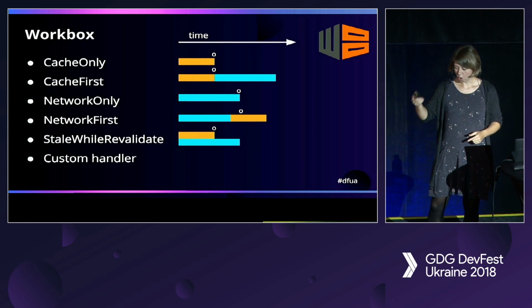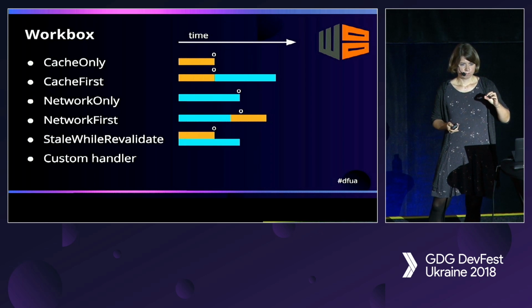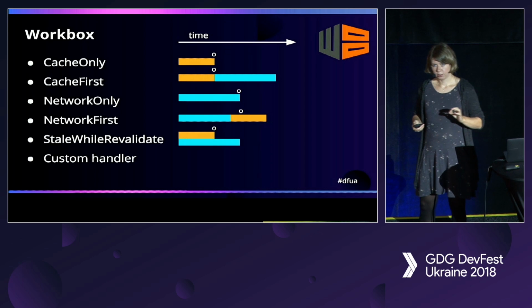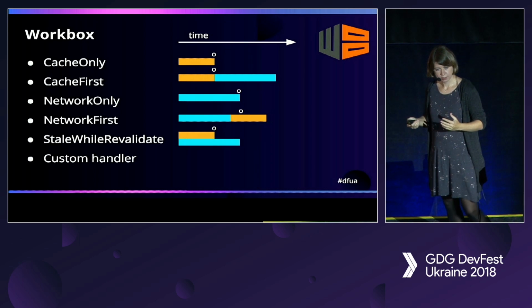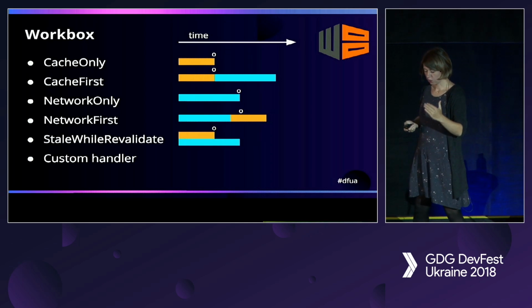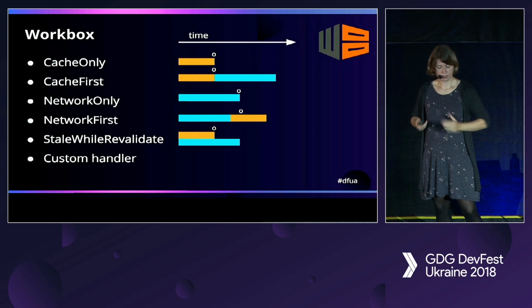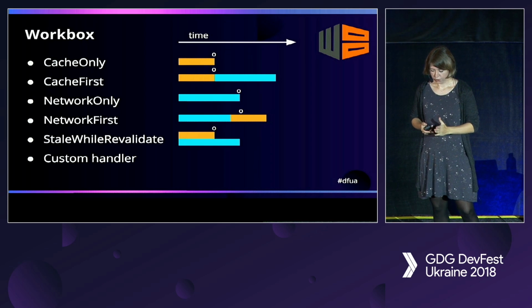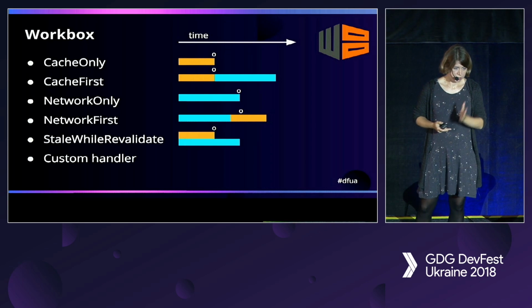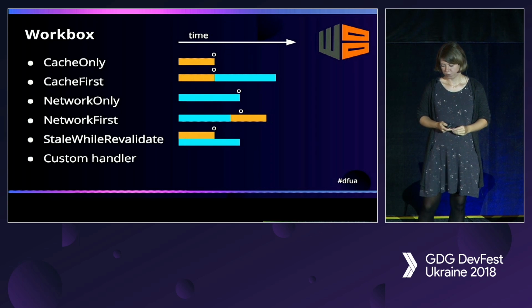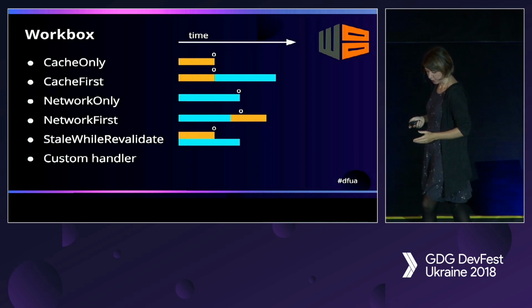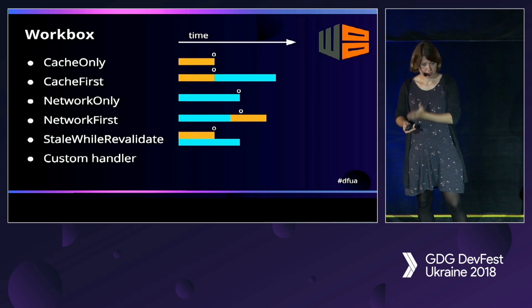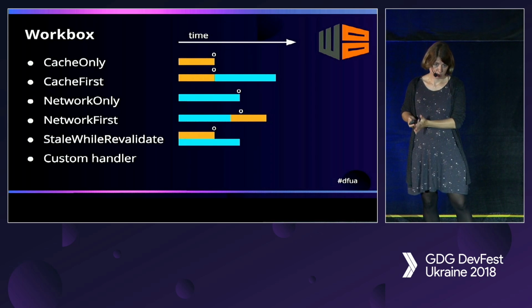And the O points are put in the place where I think is the most optimistic scenario, right? So in cache only, the end of the whole process is also the most optimistic. In cache first, the optimistic version is that it was in the cache, so we finish after a few milliseconds, but in the more pessimistic scenario, it finishes where the blue bar finishes.